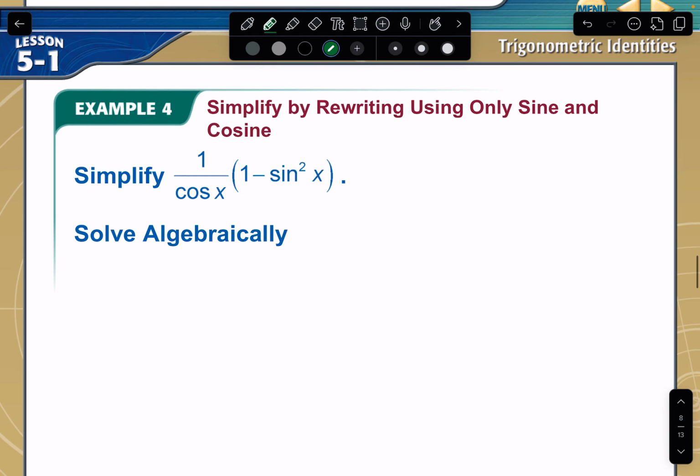Example 4 tells you to simplify by rewriting using only sine and cosine. For these questions, you have to be careful of which identities you're picking. It specifically says only using sine and cosine, which means I'm not using tangent, I'm not using cotangent, I'm not using the Pythagorean identities that have cotangent or tangent included in them. My goal is to only use sine or cosine.